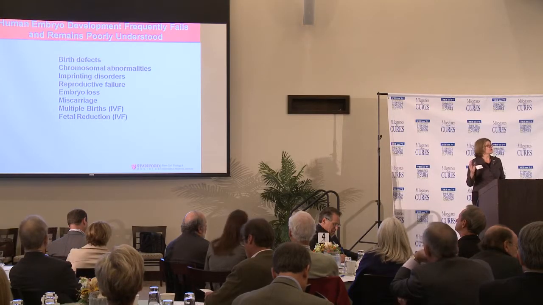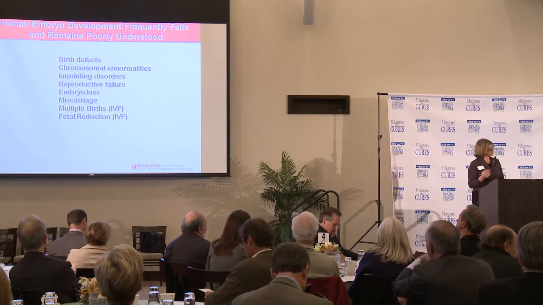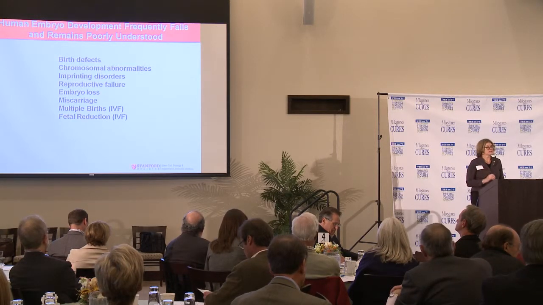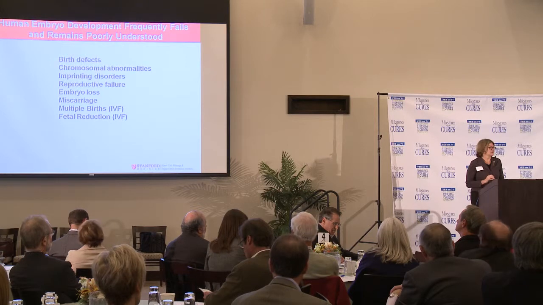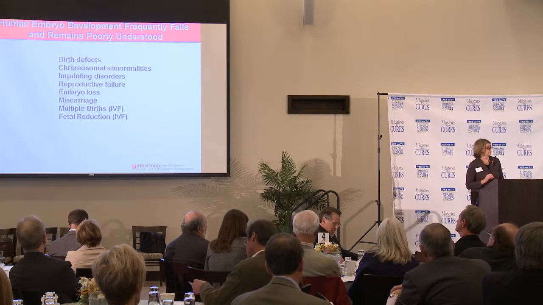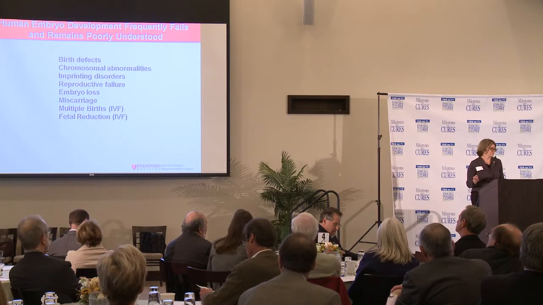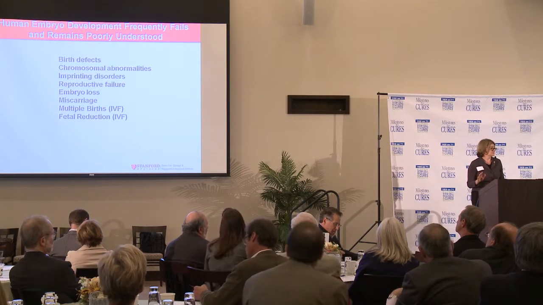Now, as you know, there are federal regulations against embryo research. And these have had some real impacts on our understanding of human embryo development. Our understanding is very, very poor, and this has some consequences.